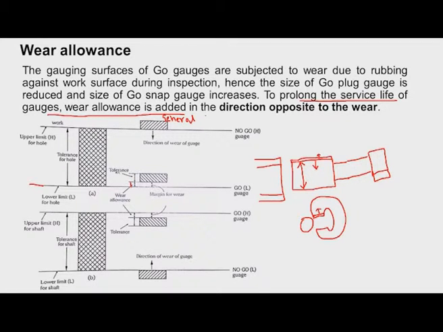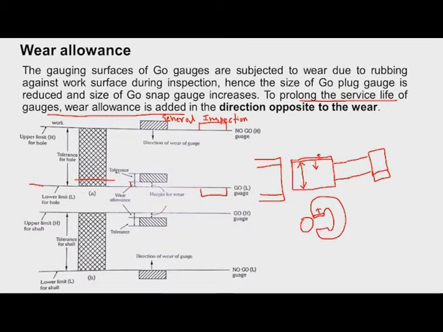Whereas in the case of the inspection gauges, the gauge tolerance is provided outside the work tolerance like this. Now there is some problem with the method used earlier. We are consuming some portion of the work tolerance. Now let us assume that the workpiece hole is somewhere here.